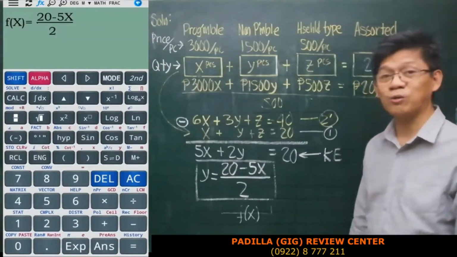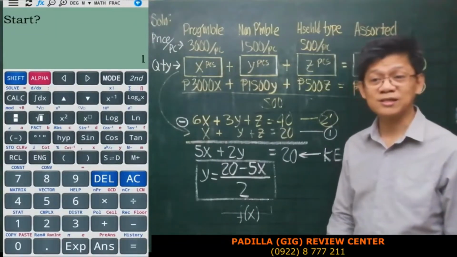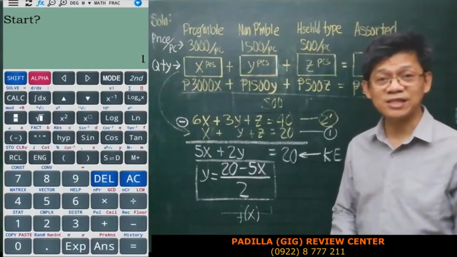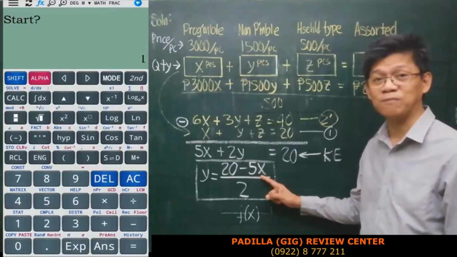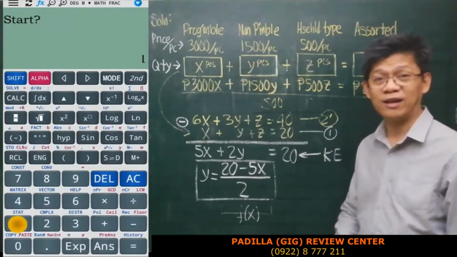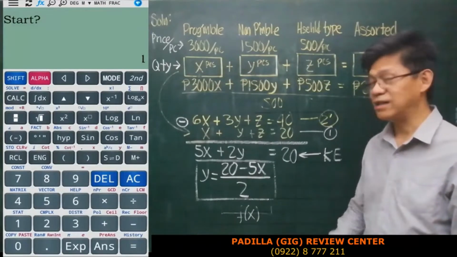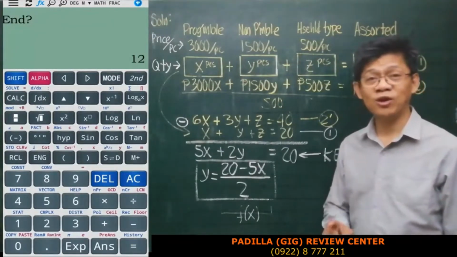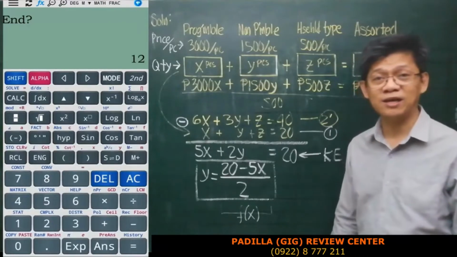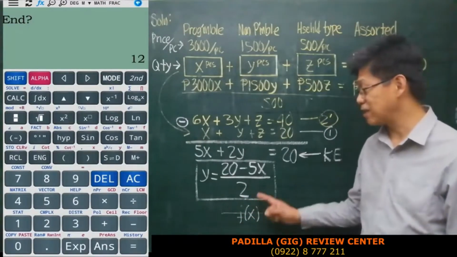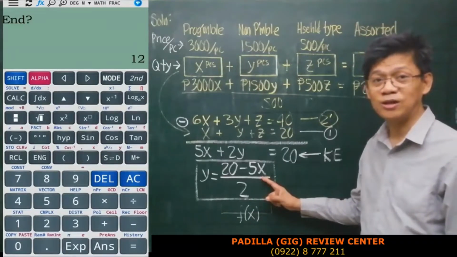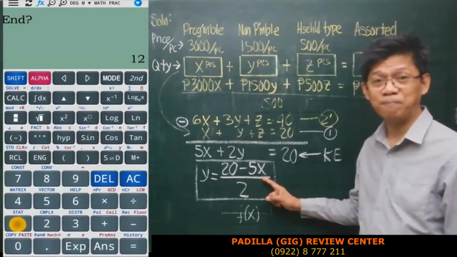So your calculator will now ask you, start. It's asking you the first trial value for x you want to substitute. So the first trial value for x is 1, right? Then equals. Then your calculator will now display the end. That is the last x that you want to substitute. So press 18.